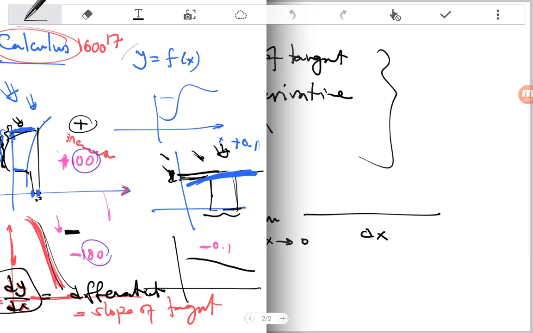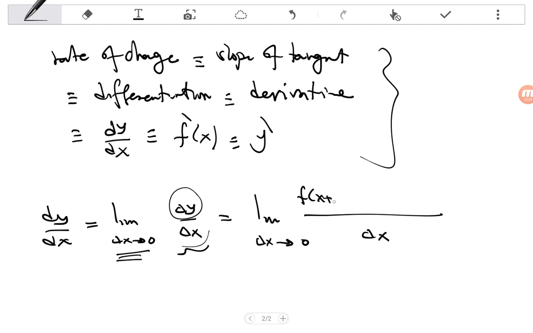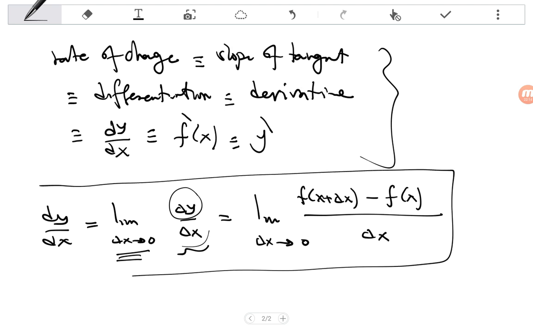So that is exactly f of x plus delta x minus f of x. So this is exactly the definition of the differentiation. It is that limit defined like this. A differentiation or a derivative of a function at a point is exactly that definition.